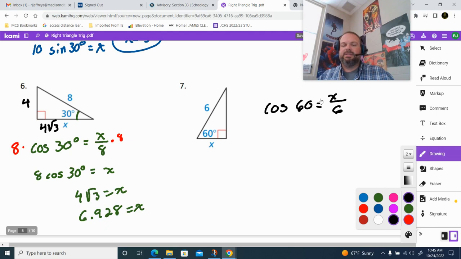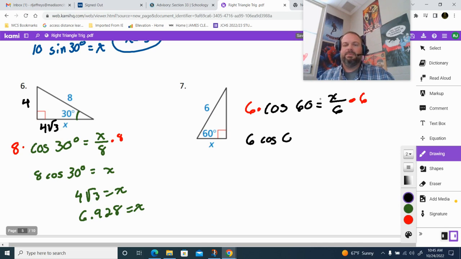All right, who wants to take bets that this is going to be 3? That's why I'm not agreeing to it, because I don't have $200.